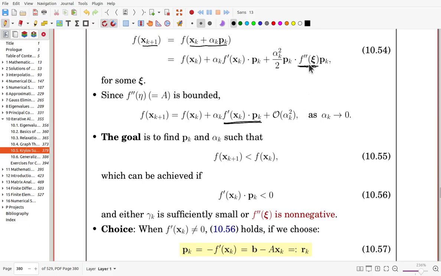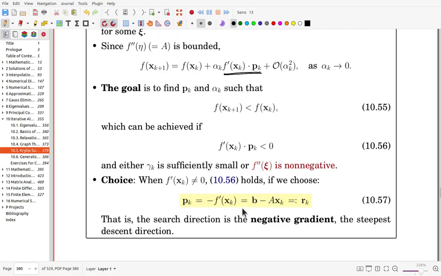Even if it were not non-negative, we may take alpha very small, then that will be much smaller than this term, so that once it is smaller than 0, this side will become smaller than this one. Okay, so that is the condition. Now the choice for p is to take the negative of this one.